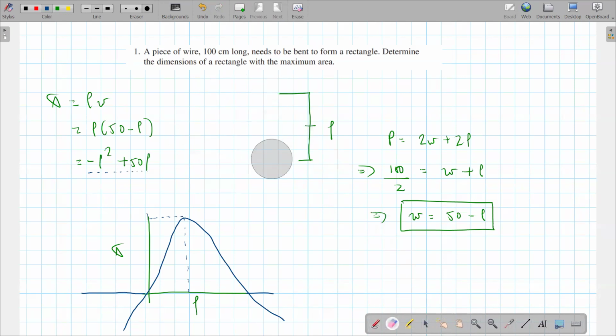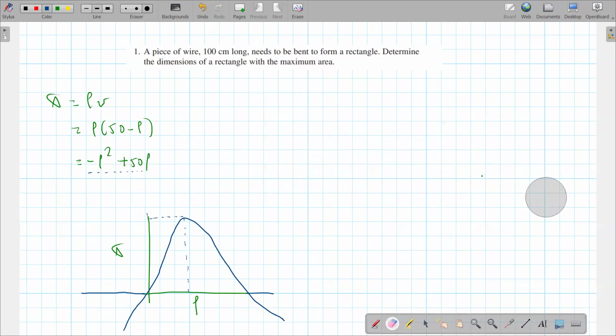So how do we find that vertex? It's very simple. We need to find the 2 x-intercepts, so set this equal to 0. Pull out an L, and you'll be left with L times (negative L plus 50) equals 0. What are the 2 x-intercepts?